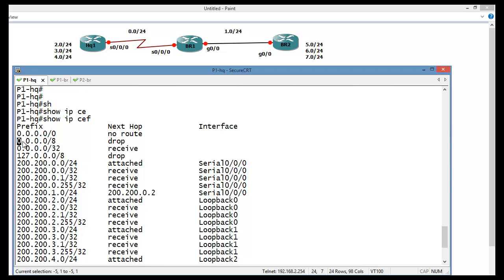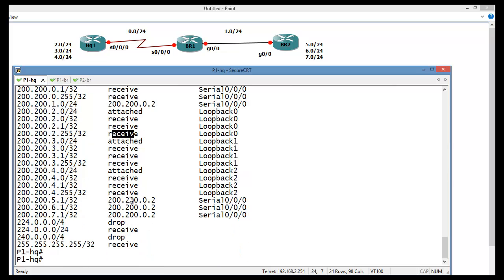If any packets are destined to 0.0.0.0, go ahead and drop them. 0.0.0.0 received means it is yourself. Similarly, the loopback address goes to the 200.200.0 network, which is attached to you on the serial 0/0 interface, as you can see right there. You can see all of this information.